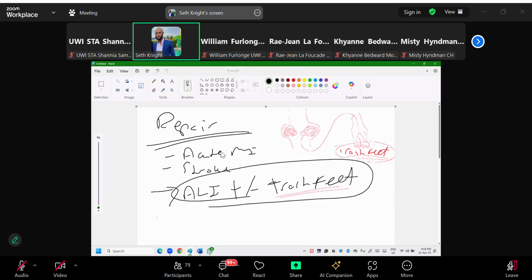Right? Other complications of repair include acute kidney injury, because look at where the vessels are, look at where the aneurysm is. So you could have hypoperfusion to the kidney, acute kidney injury. I'm getting tired, which means you all are tired.